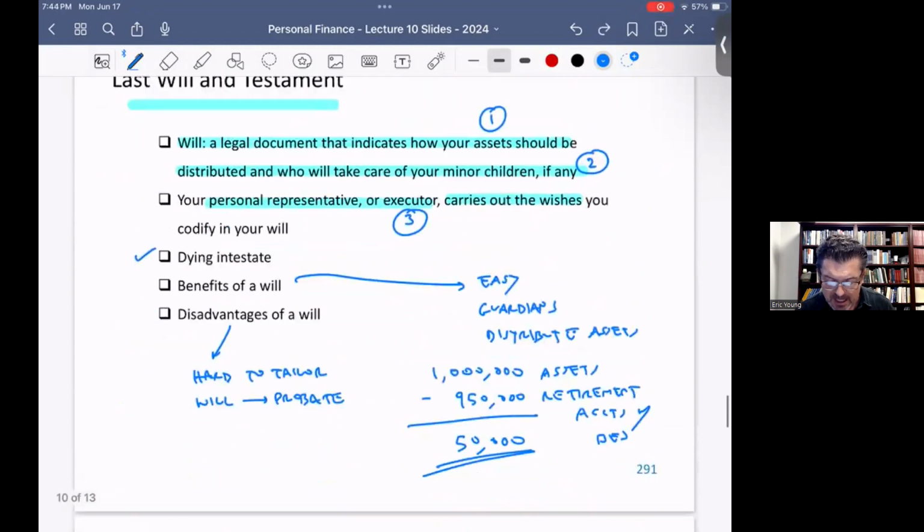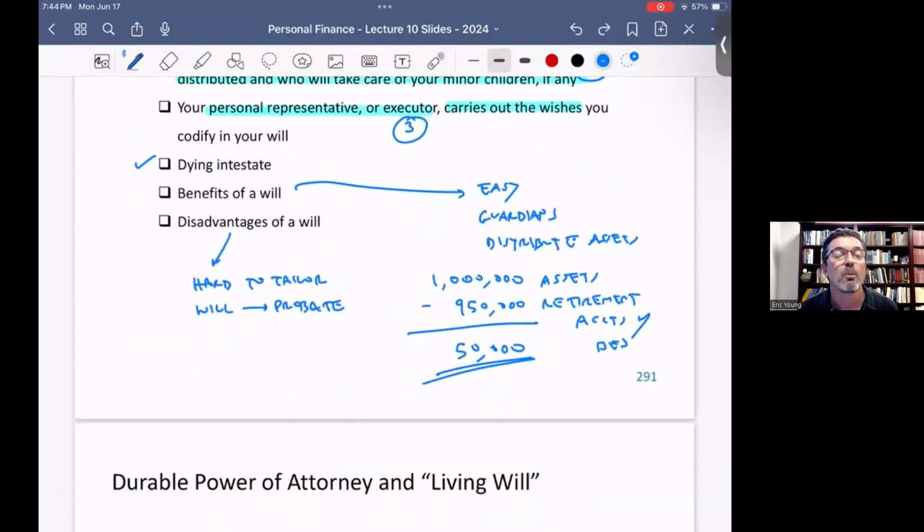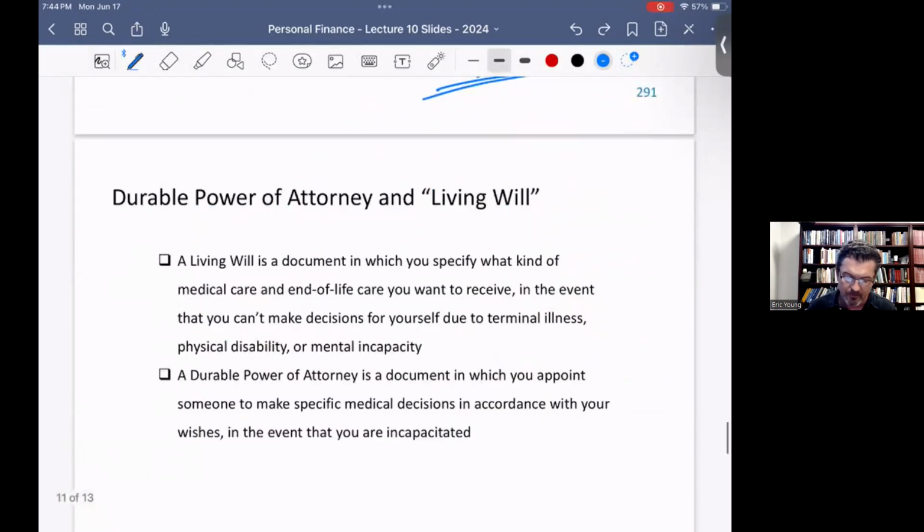All the remaining assets that are probatable, those probably in your will, go through probate. But it's important to realize you could have a really big net worth, a lot of assets, but actually have a very small probatable base if the bulk of your assets are in trust or jointly owned or have beneficiary designations. Okay, so that's a last will and testament.